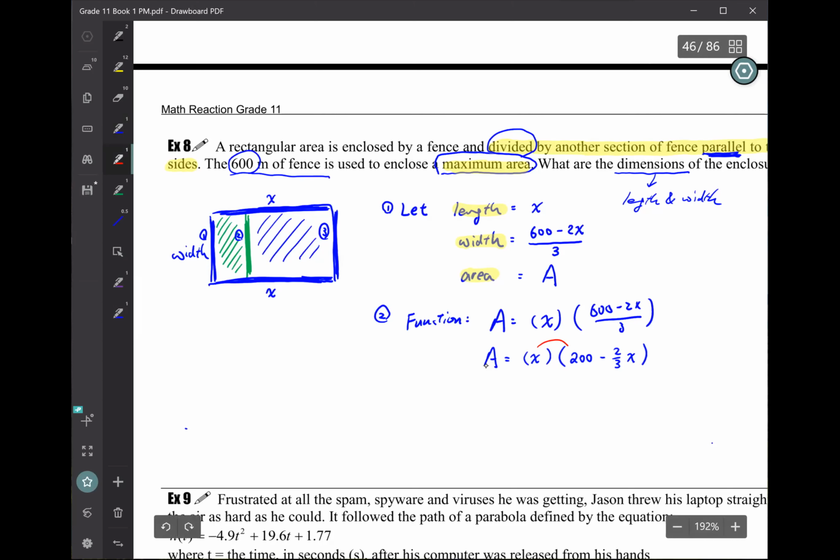So you expand, turn into general form. It will be 200x minus 2/3 x squared. I'll put the minus 2/3 x squared at the front. Okay, so 200x. Can you raise your hand if you understand the steps up to here?